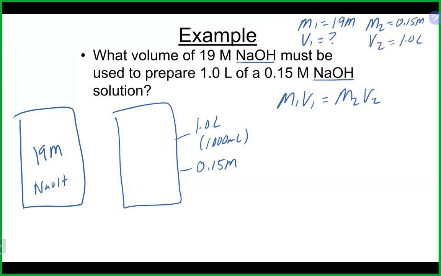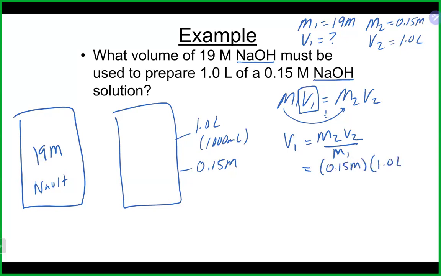So in this case, we are going to solve for V1. And when we do, we're going to divide this to the other side. That will give us V1 is equal to M2 V2 divided by M1. Putting in our numbers here, M2 up on top, 0.15 molar, times 1 liter, divided by 19 molar.